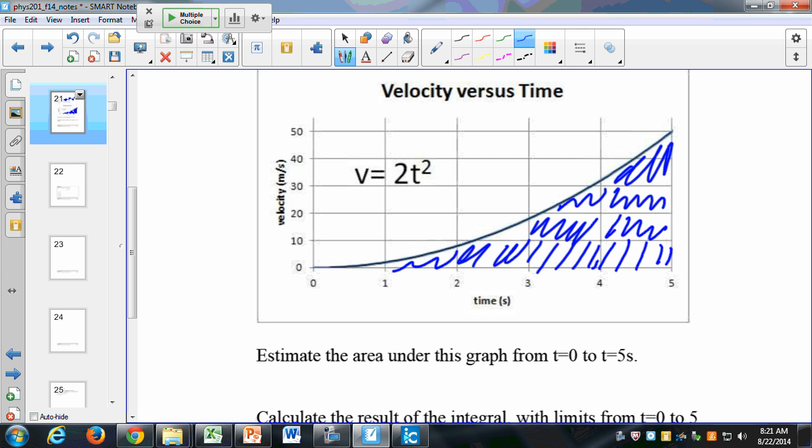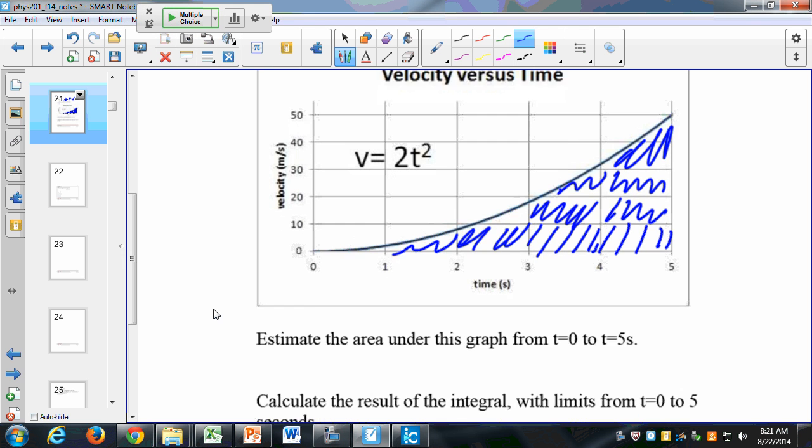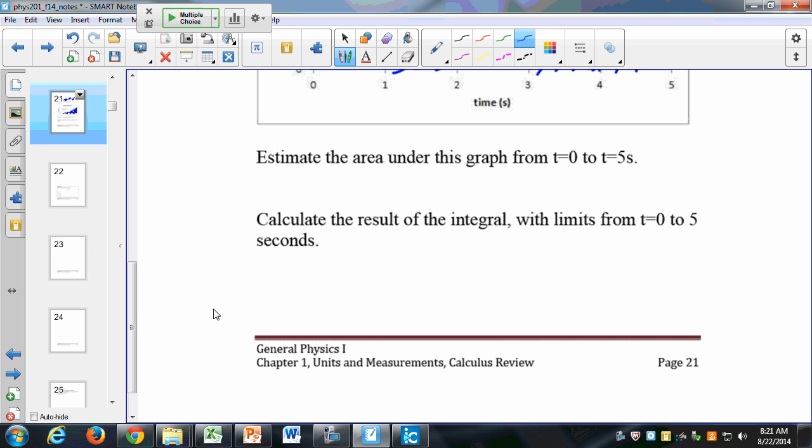And then if we actually do the integral, as some of you already did, and evaluate it from 0 to 5, then we'll find that the area is actually 83, which is pretty darn close. So the integral of 2t squared with respect to t, and we're going to evaluate this from t equals 0 to t equals 5. I'll show you what that means.